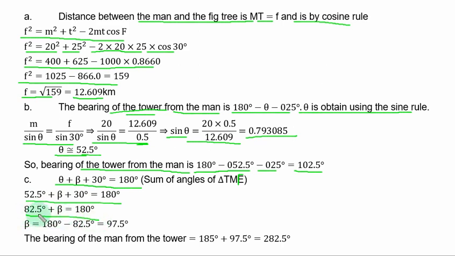To get angle beta, you transfer this to the right hand side. Beta is equal to this, and that is 97.5 degrees. Therefore, the bearing of the man from the tower is 185 degrees plus beta, which is 97.5 degrees, and you have 282.5 degrees.